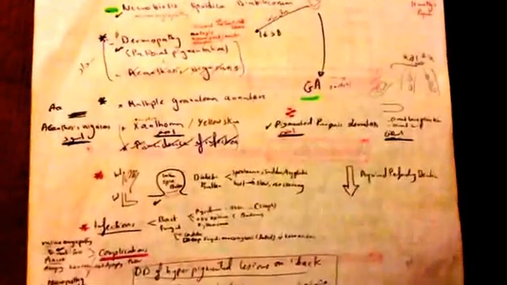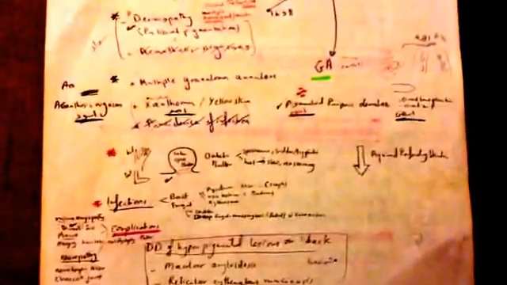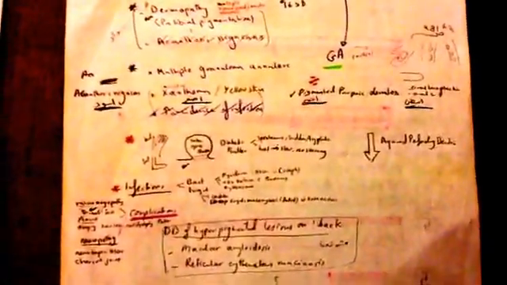Infections, bacterial, fungal, complications like micro and macroangiopathies and neuropathies, and also cutaneous manifestations of treatment of insulin and oral hypoglycemics.